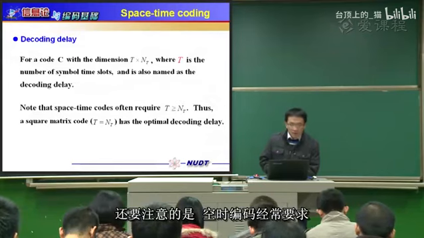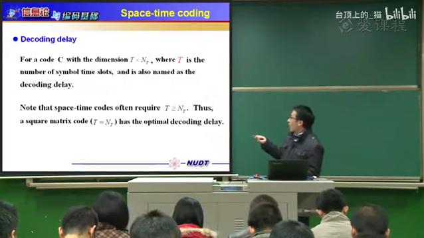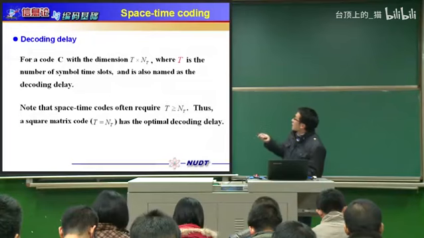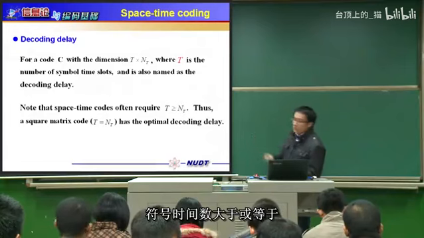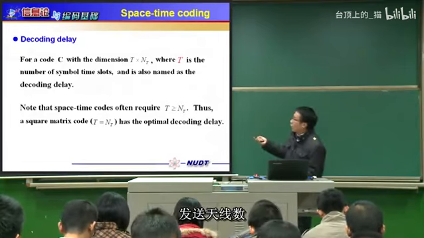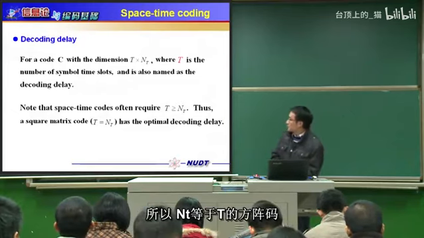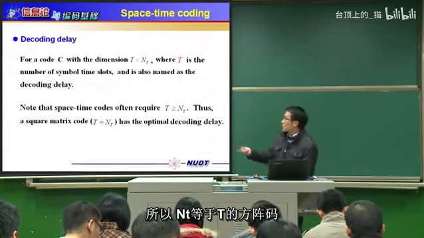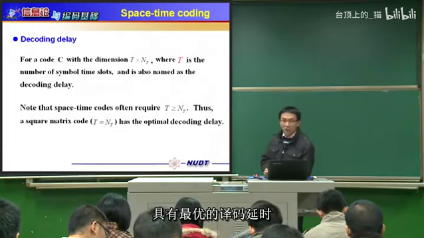And please note that space-time codes often require a condition: the number of symbol time slots should be no less than the number of transmit antennas. So a square matrix code, where T is equal to NT, has the optimal decoding delay.